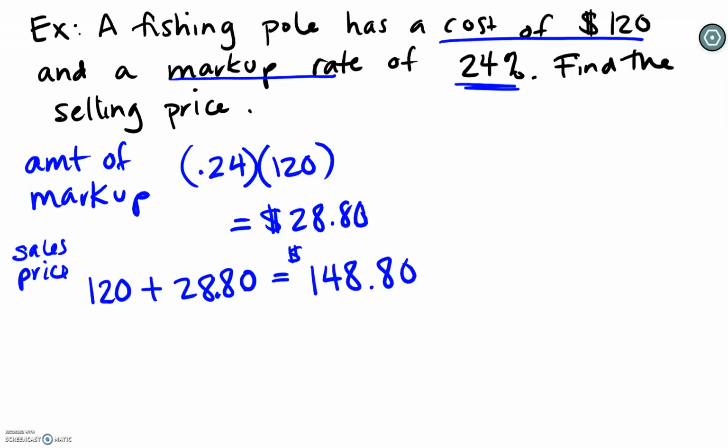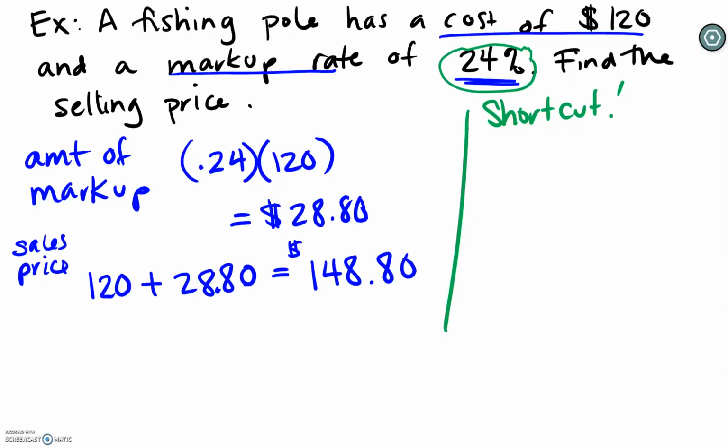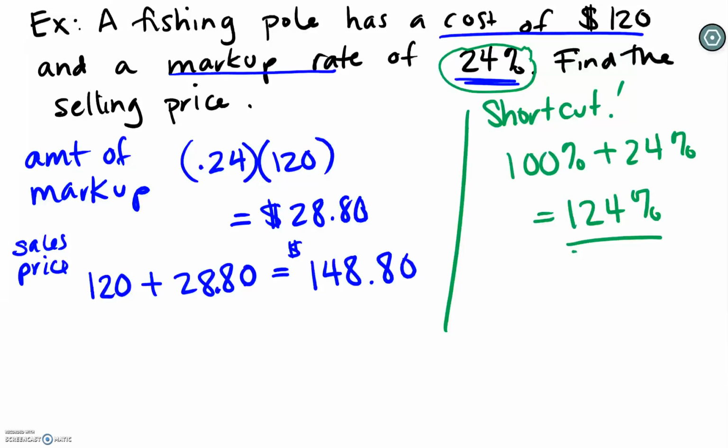Now again, the reason I wanted to do this was just to show you how this works in the shortcut land. Shortcut, well, we need to add 24%. We always have 100% to start with. So if we take and add 24% to that, we are charging people 124%.